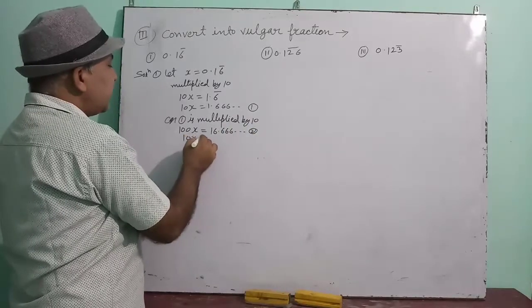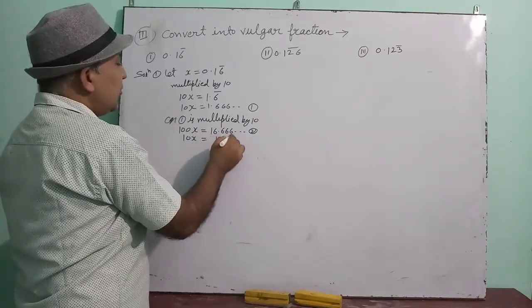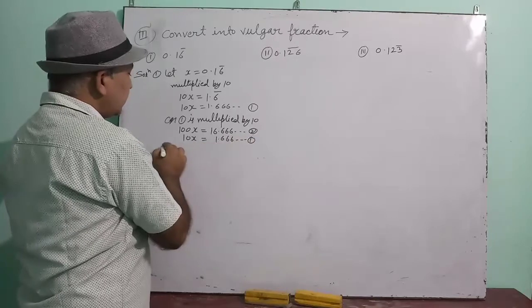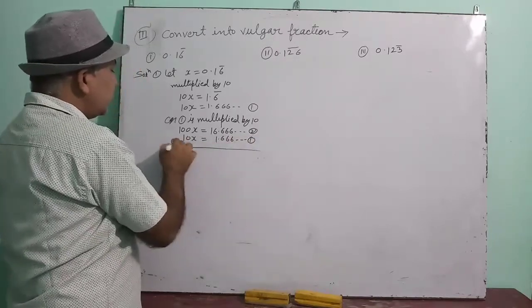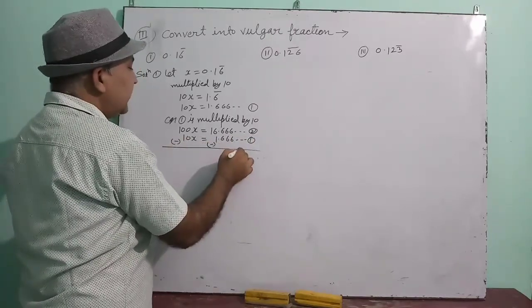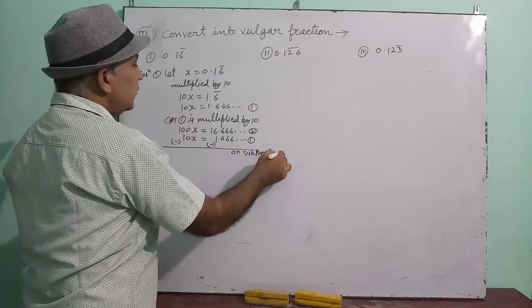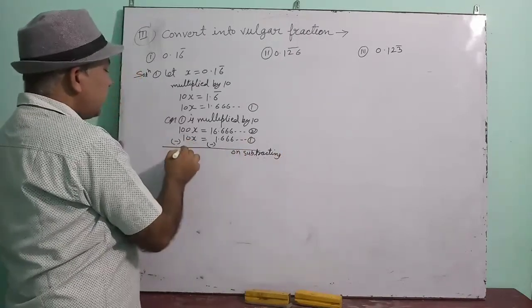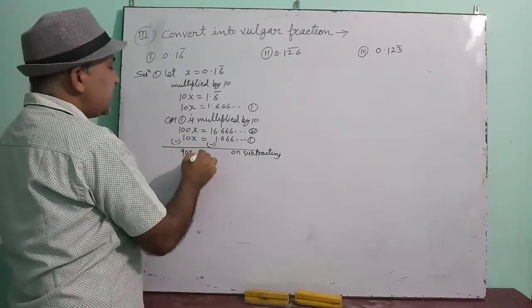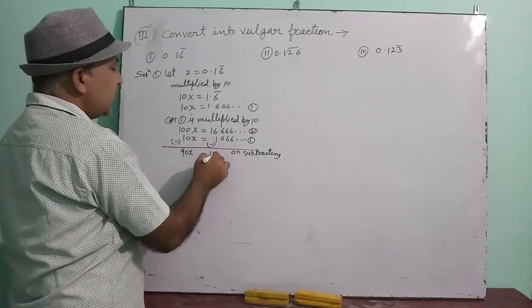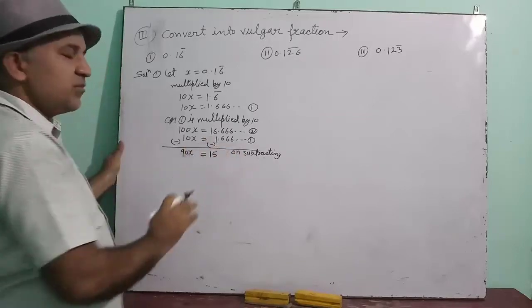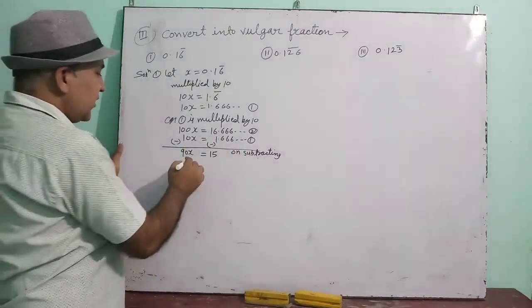Again subtract equation 1 from equation 2. Draw the line, put the minus sign here, and write on subtracting. 100 minus 10 is 90x. 16 minus 1 is 15. After the decimal all the terms will be 0.